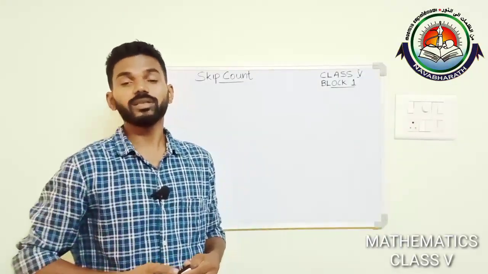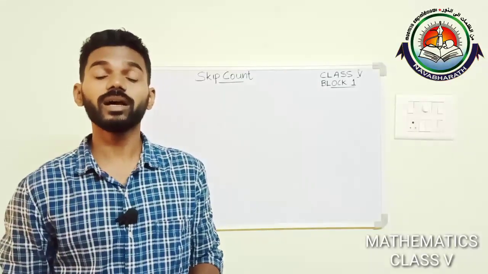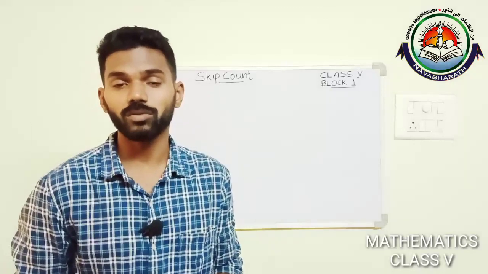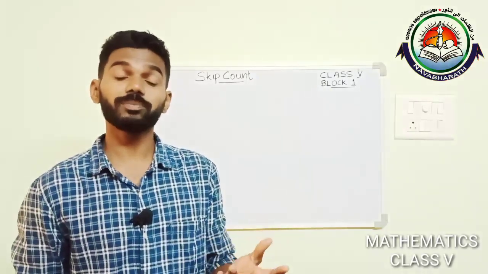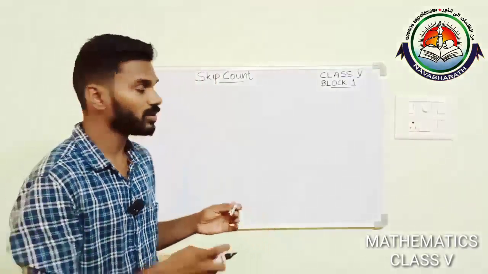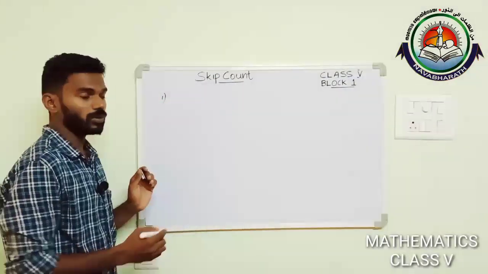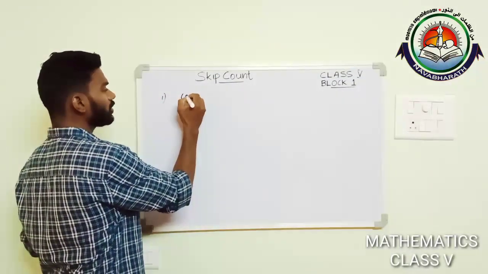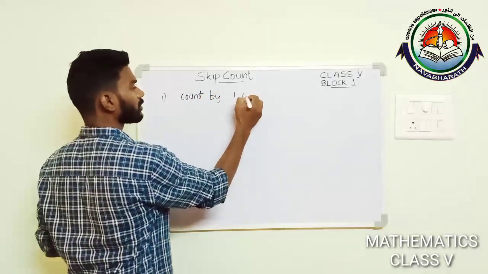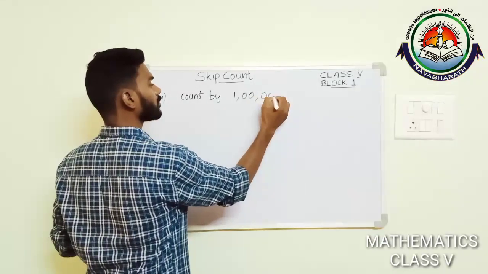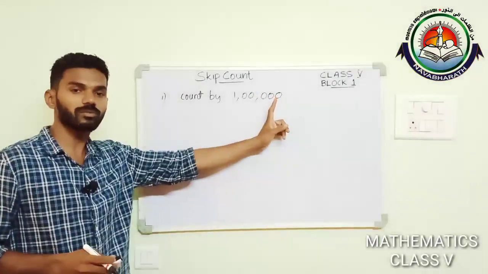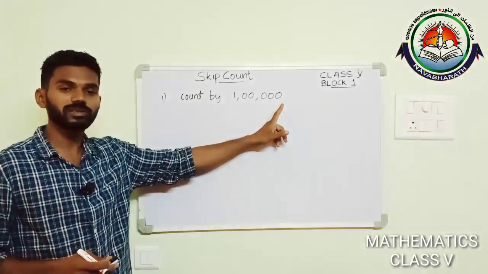Listen students, in 5th standard we have some higher numbers for skip count, or we have skip count by higher numbers. For example, first of all you have a count by... which is this number? How can you read this number?